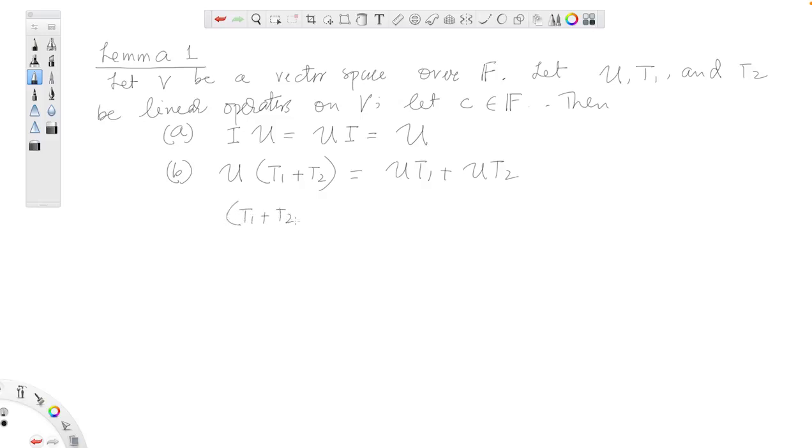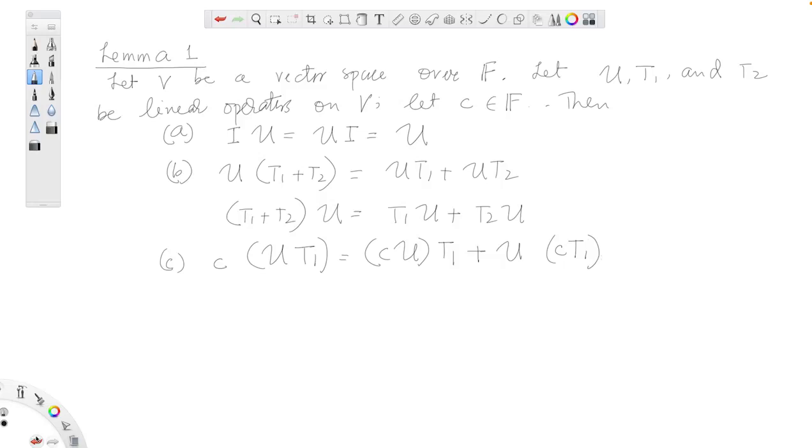Also (T1 plus T2) times U is equal to T1 U plus T2 U. (c) C times U T1 is equal to (C U) times T1, which is equal to U times (C T1). Okay, so these are the three nice properties here.